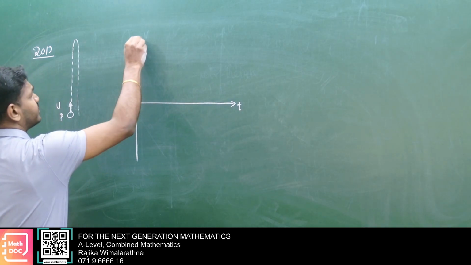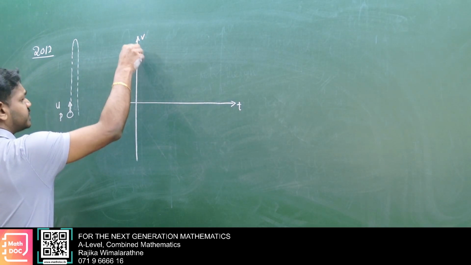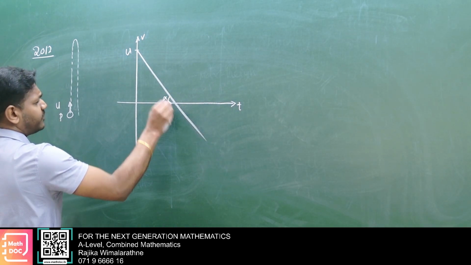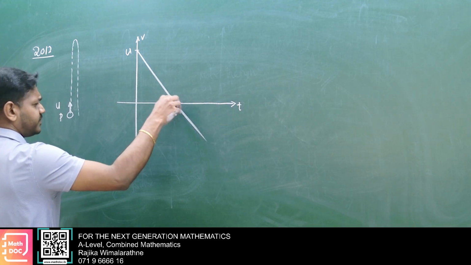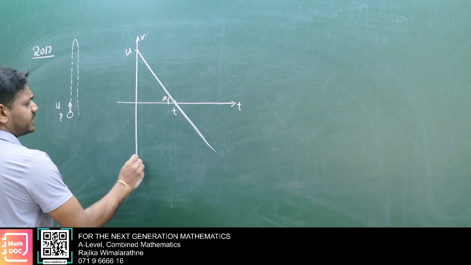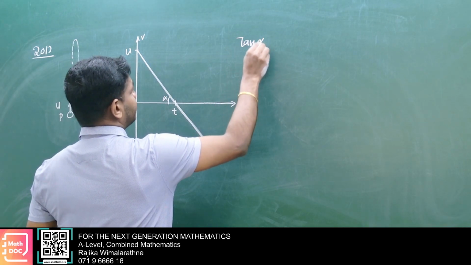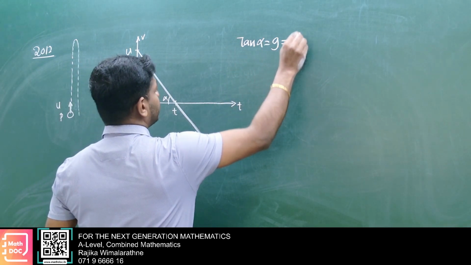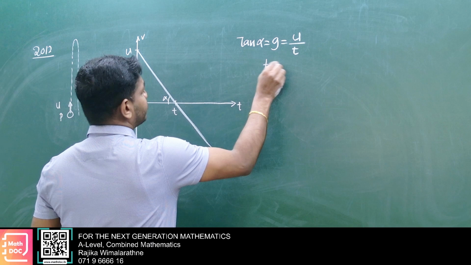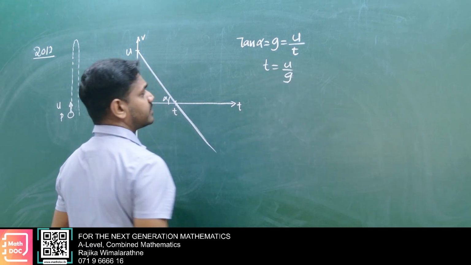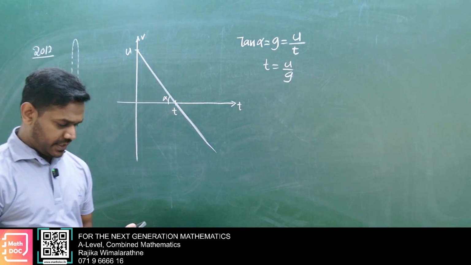Here time, velocity, it moves like this. Alpha, let's take time here t. Then you first find that time. Tan alpha is g, that is u over t. Then t equals u divided by g.